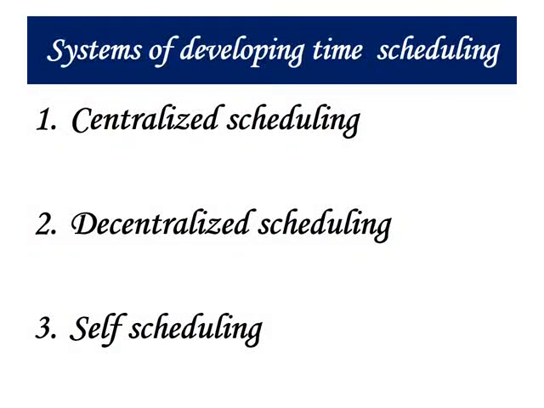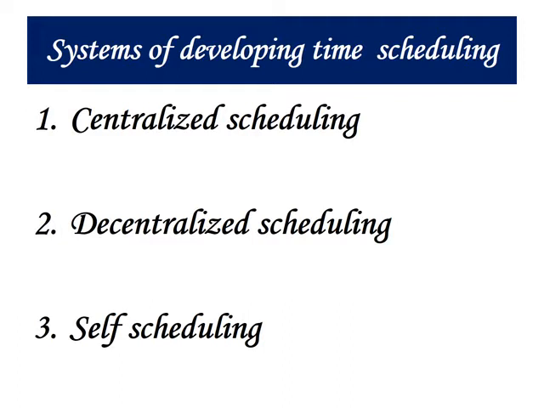Systems of developing time scheduling. There are 3 systems of developing time scheduling: centralized, decentralized, and self-scheduling. Centralized scheduling is done by the top manager for all nurses all over the hospital units.